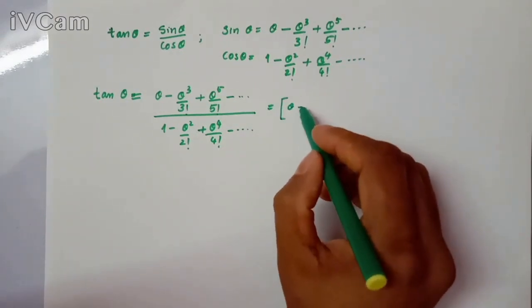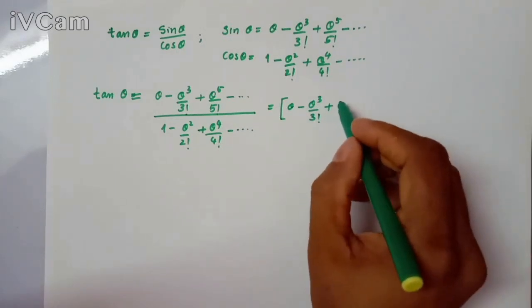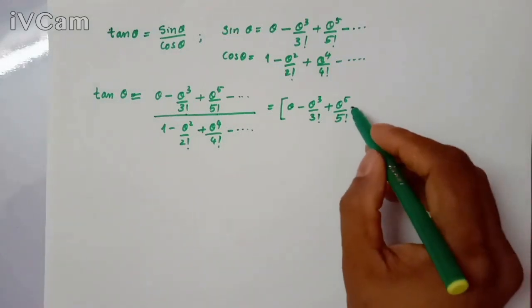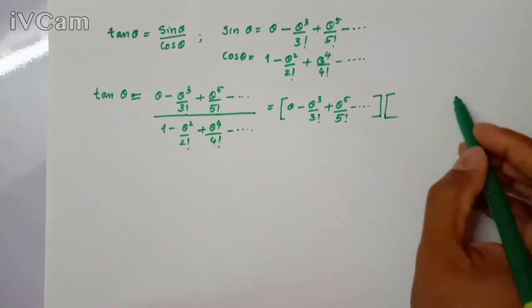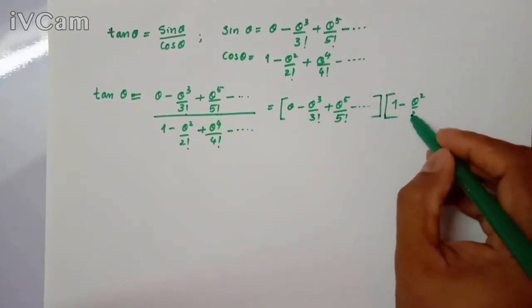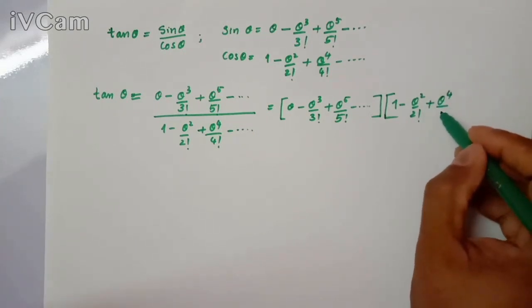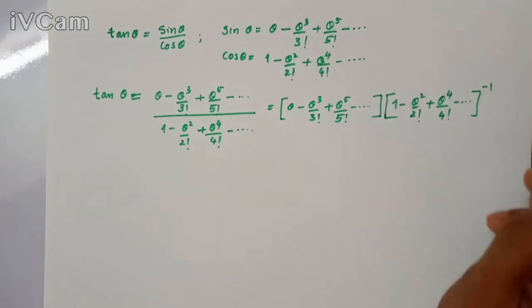Now this is a quotient, but we write this as theta minus theta cube by factorial 3 plus theta raised to 5 by factorial 5 minus etc., times 1 minus theta squared by factorial 2 plus theta raised to 4 by factorial 4 minus etc., raised to minus 1.